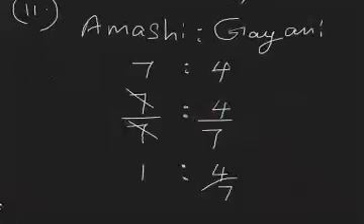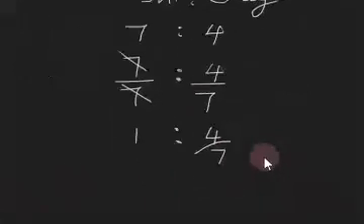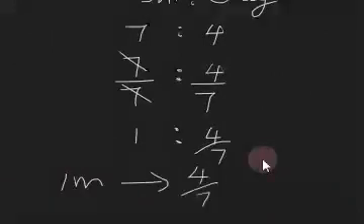That means when Amashi runs 1 meter, Gayani runs 4 over 7 meters. Right? We just convert the 7 into 1 and find the corresponding value for 1 meter. Here, 4 over 7 meters.